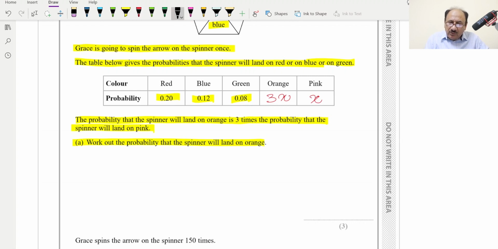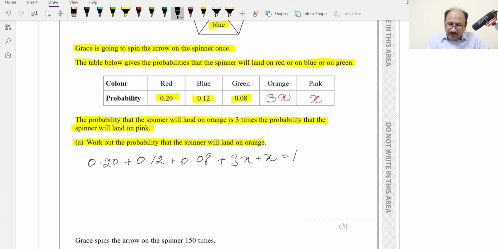For that one, we know that the sum of probabilities is equal to 1. So we can write 0.20 plus 0.12 plus 0.08 plus 3x plus x is equal to 1.